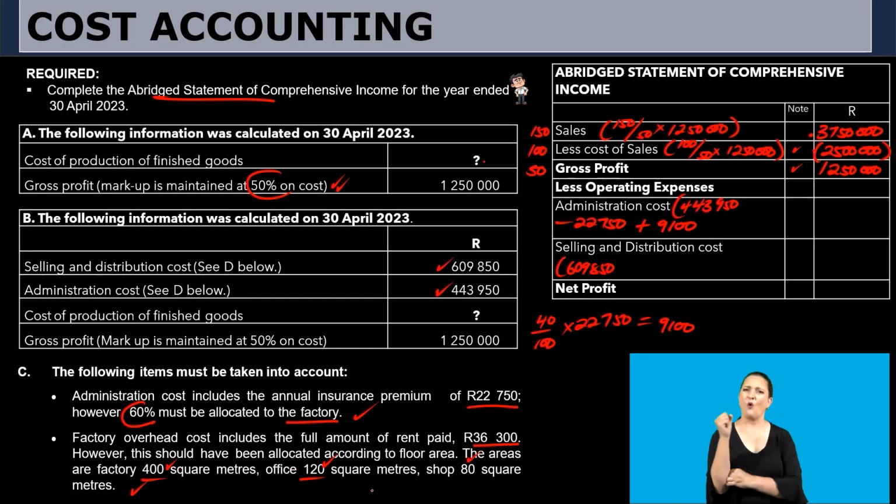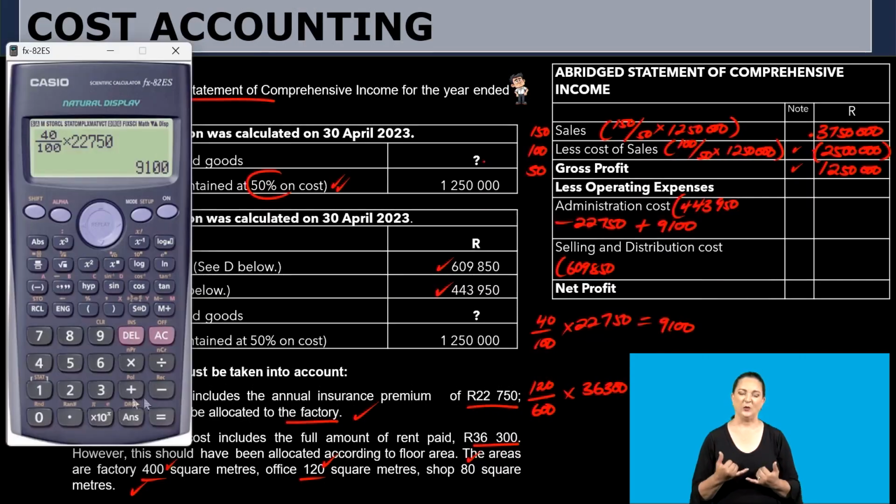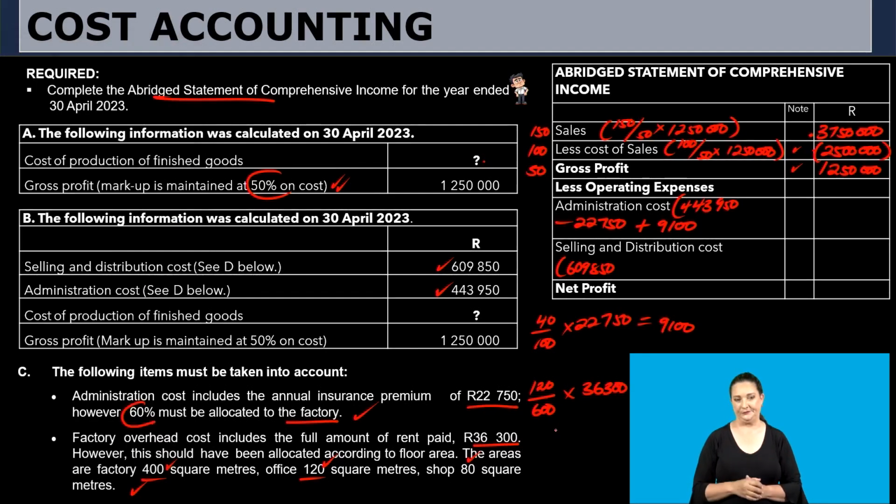But the office one, that is what we want. So the office is 120 over the entire, which is 600, multiplied by 36,300. On our calculator, it is 120 over the 600, and then we multiply that by 36,300. And we get 7,260.